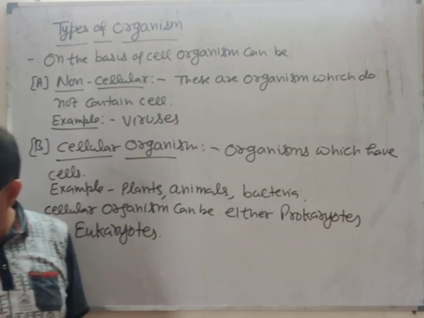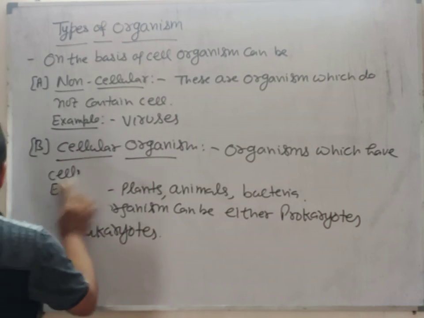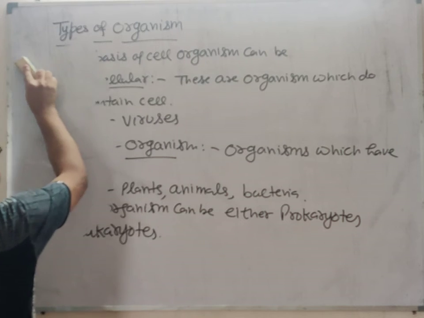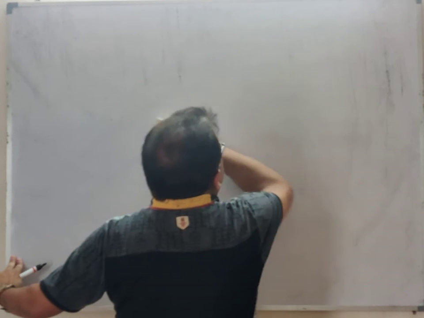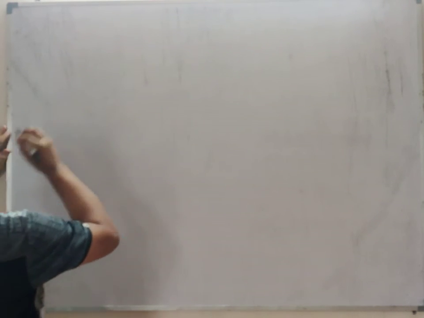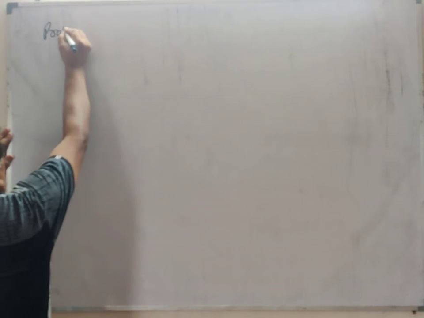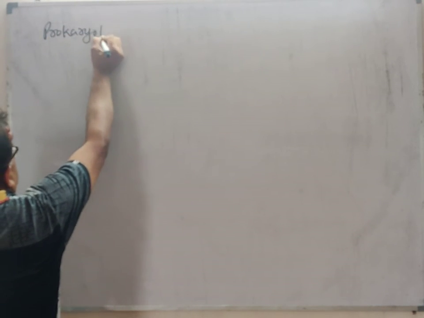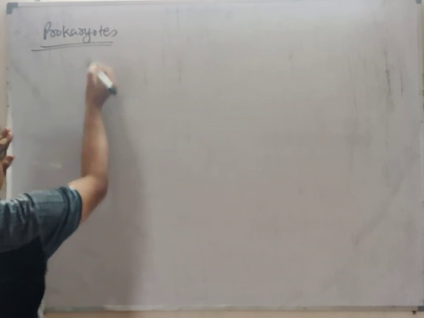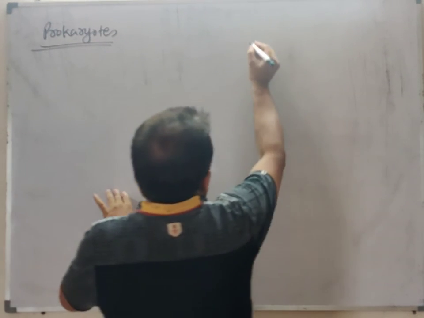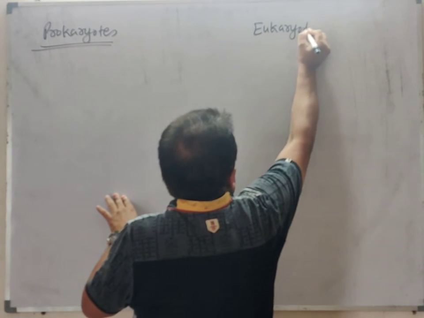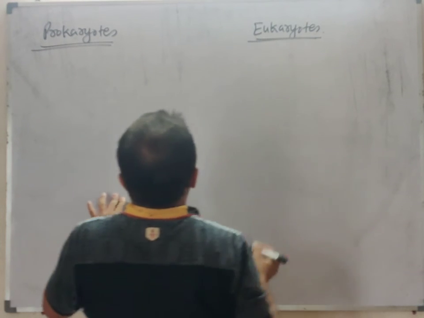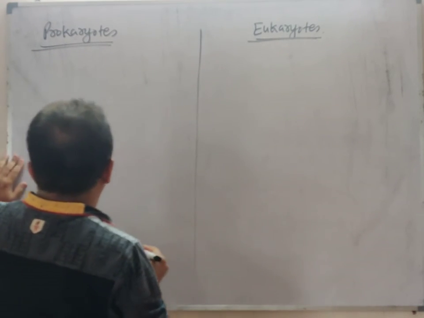We shall study them now. Prokaryotes, eukaryotes, we shall study them in the form of table, because by doing this we can study their property as well as difference.